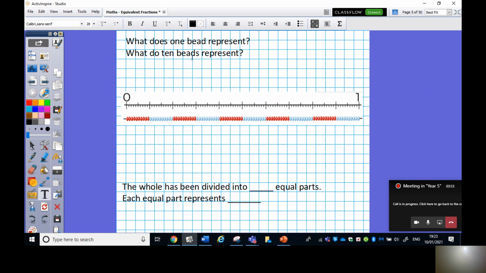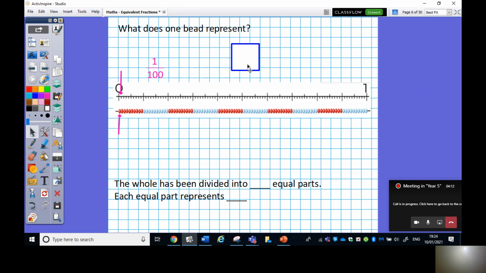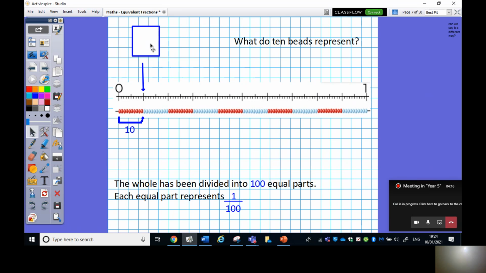What about 10 beads? So again, I have 100 beads, and then I'm looking at 10. So that would be 10/100. Cool. So this is 1/100 and 10/100. The whole has been divided into 100 equal parts.